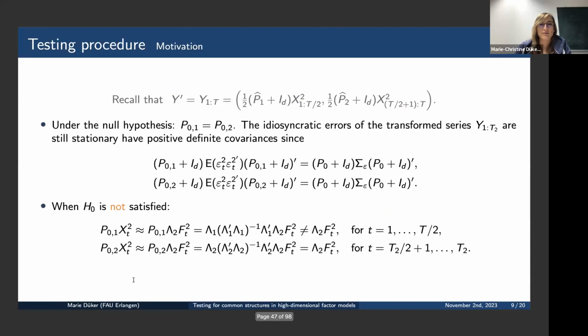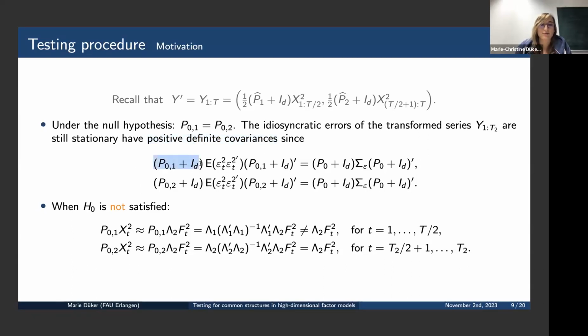Moving on to see what happens under the alternative, and also why we need this black part of the transformation. The black part we need to ensure that our transformed series still satisfies all the assumptions we need to apply a regular change point test. The idea is that we need two things. We need that our error terms of the transformed series are still stationary. That is one thing, and that they have positive definite covariances, at least when our original series satisfies that, right?